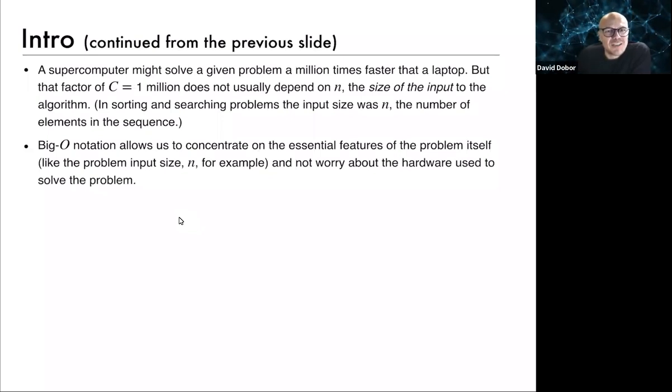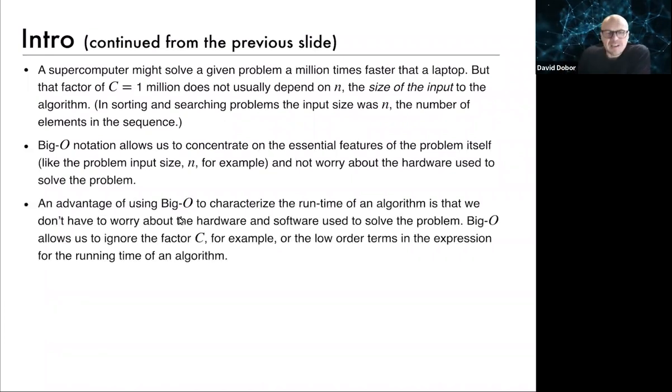Mathematical truth does not change. Technology changes. So what we want to get to is the essence of the solution to a problem, the mathematical essence of it, the heart of the problem, as it were, abstracting away details like the hardware and software that's being used to run the algorithm.